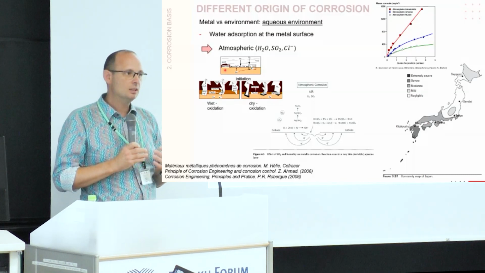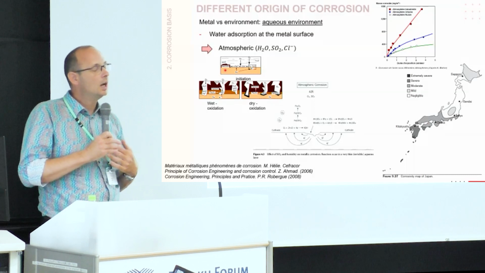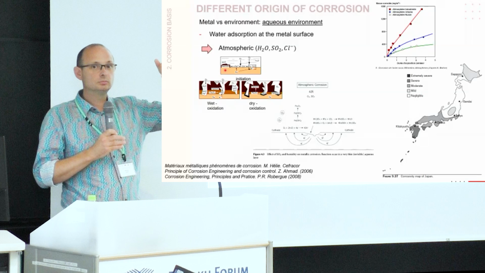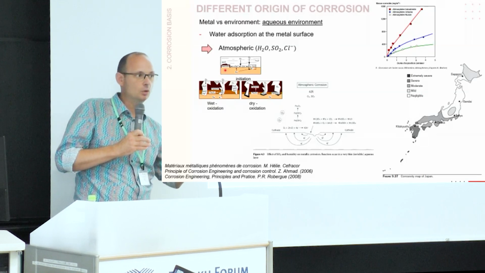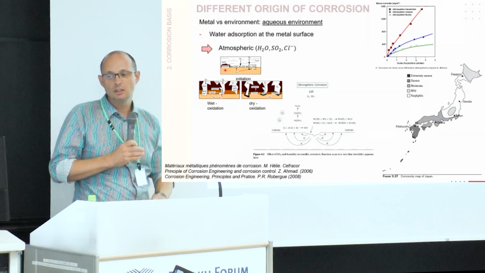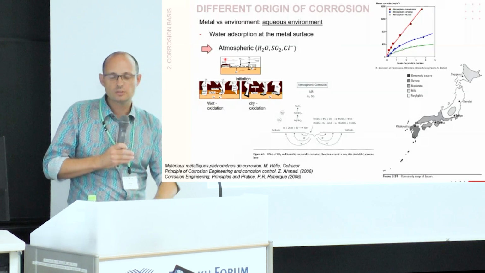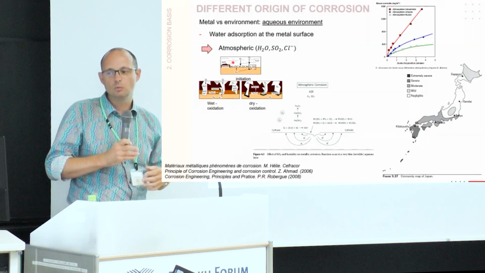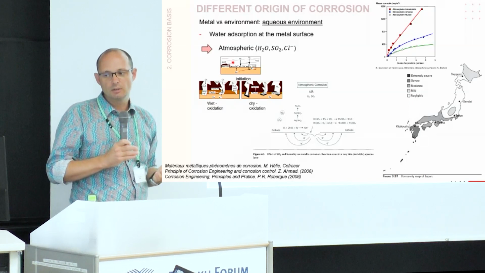In atmospheric conditions, we will have a cycle of dry and wet conditions. During wet conditions, the water covers the surface of the material, and the oxygen in the water diffuses and generates an oxide layer.